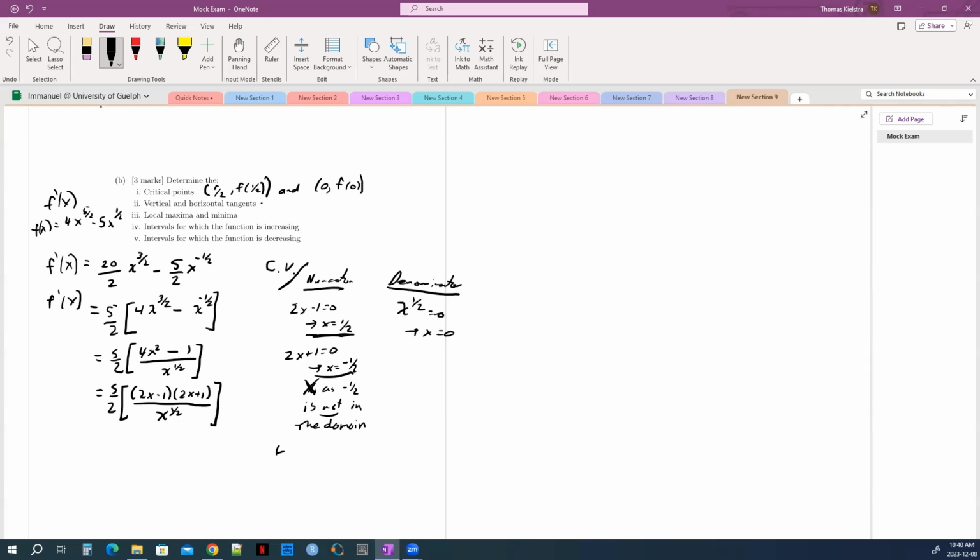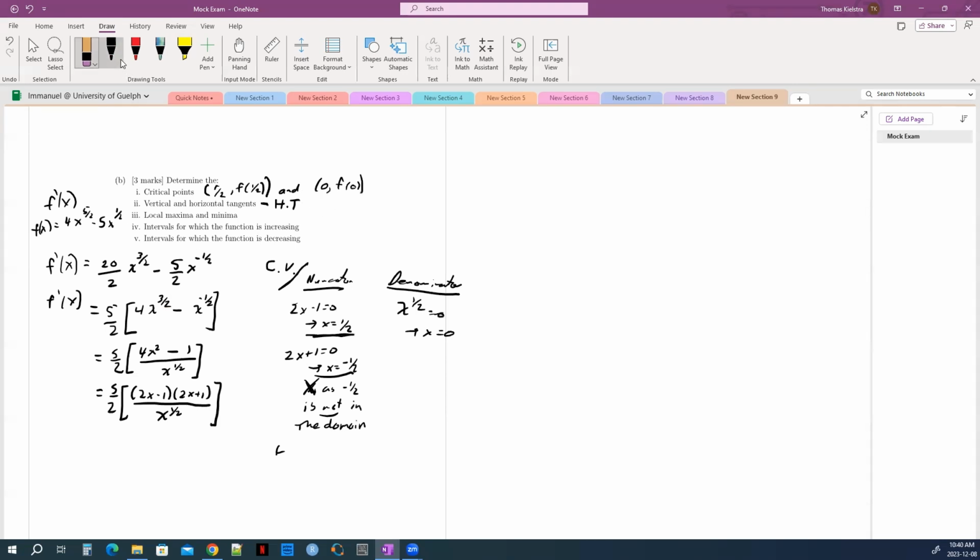Now for our vertical and horizontal tangents, our horizontal tangents come from the numerator, so it's going to be only the point 1/2, f of 1/2.